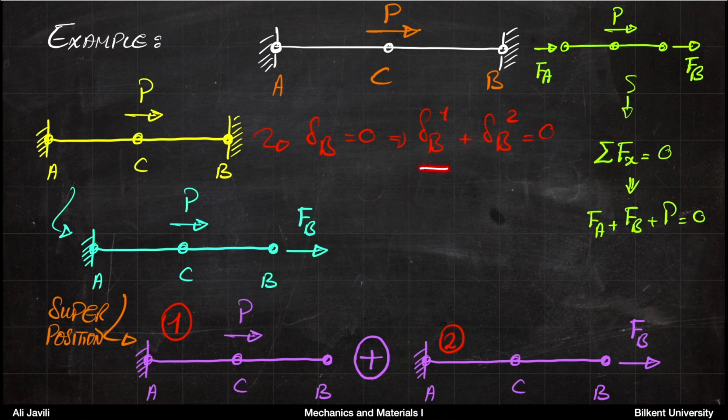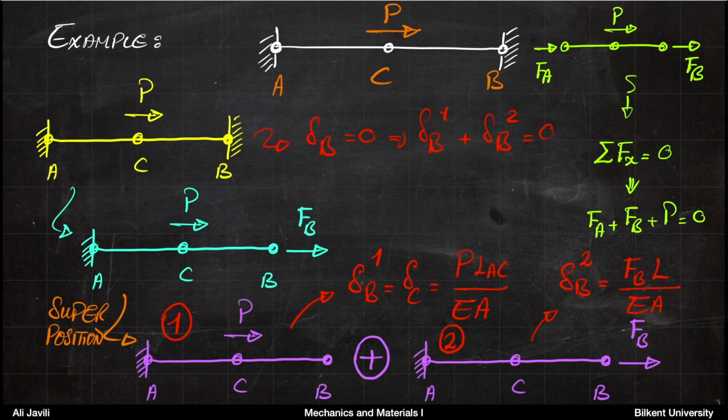Now, if you add these two, you know that should be 0 because from the original system, you know the point B is fixed. So in principle, this is your missing equation. The missing equation is that if you decompose the system into two systems, and if you add the displacements of those two systems at the support B, those two displacements should add up to 0.